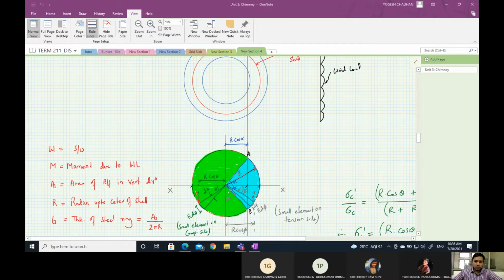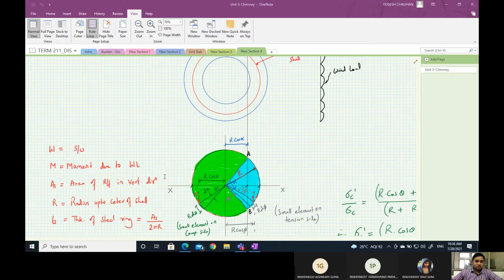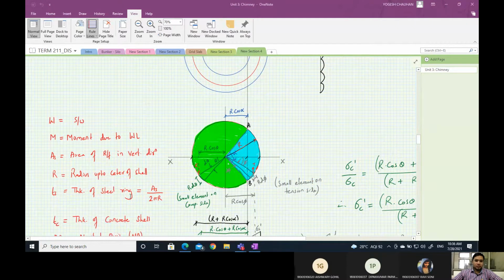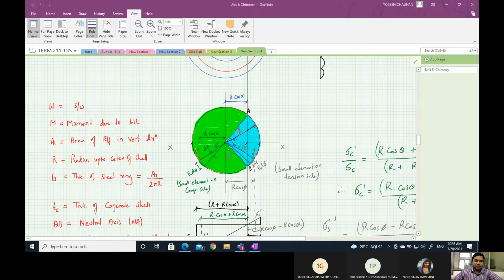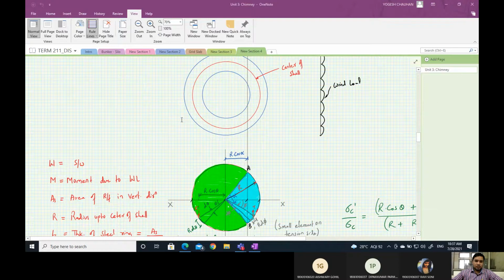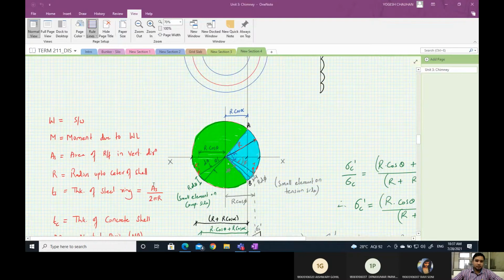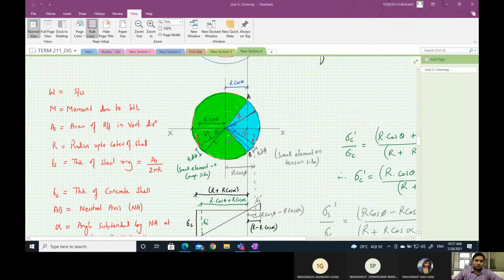So this R is the radius up to the center of the shell, because we are finding the stresses at the middle of the shell, and TS is the thickness of the ring, which is equal to AS by 2 pi R. We are converting this vertical reinforcement into an equivalent steel ring, so we divide by 2 pi R. TC is the thickness of the concrete shell, and TS is the thickness of the steel ring.